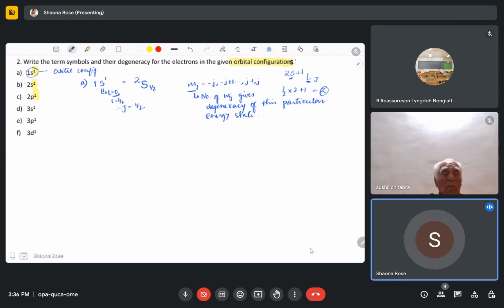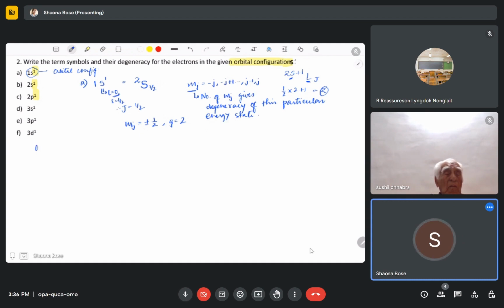As I told you, every term symbol denotes one particular energy state. So for this we have mj equal to plus or minus half, degeneracy 2.